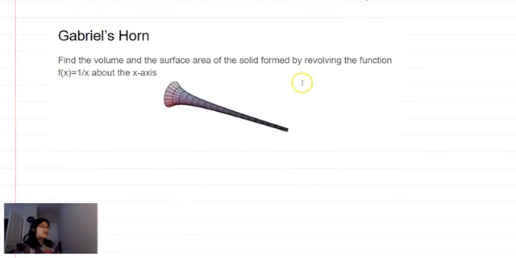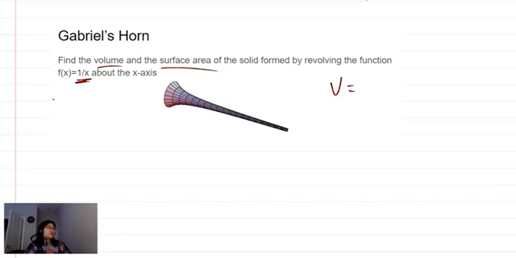Alright, so this is Gabriel's horn. Gabriel's horn is taking the function 1 over x and revolving it around the x-axis. So how can you find the volume and how can you find the surface area of this solid? What can you do? Well, volume is going to be pretty straightforward, right?